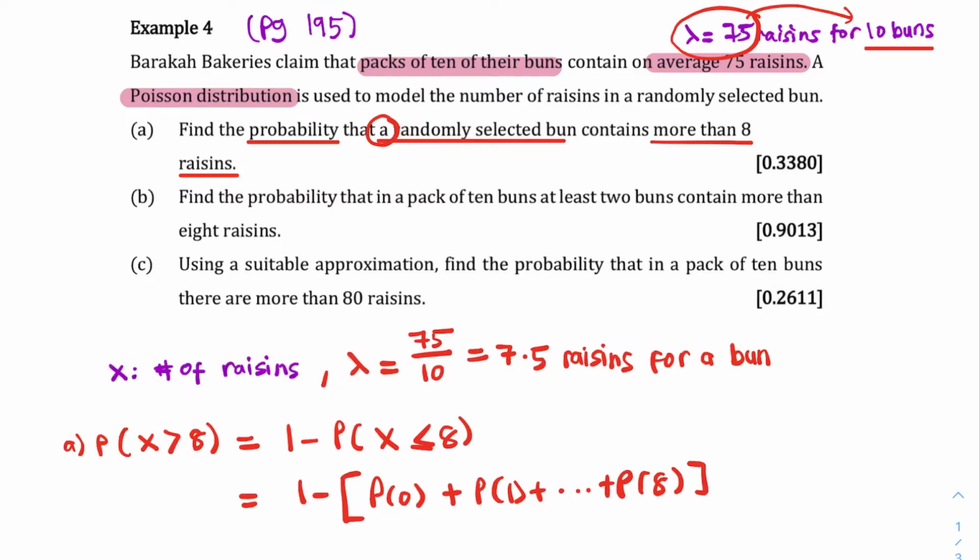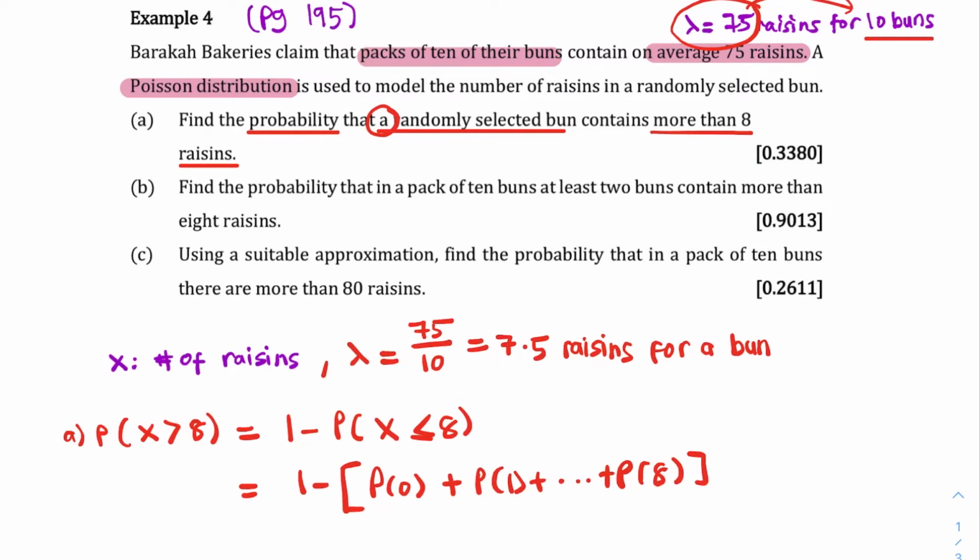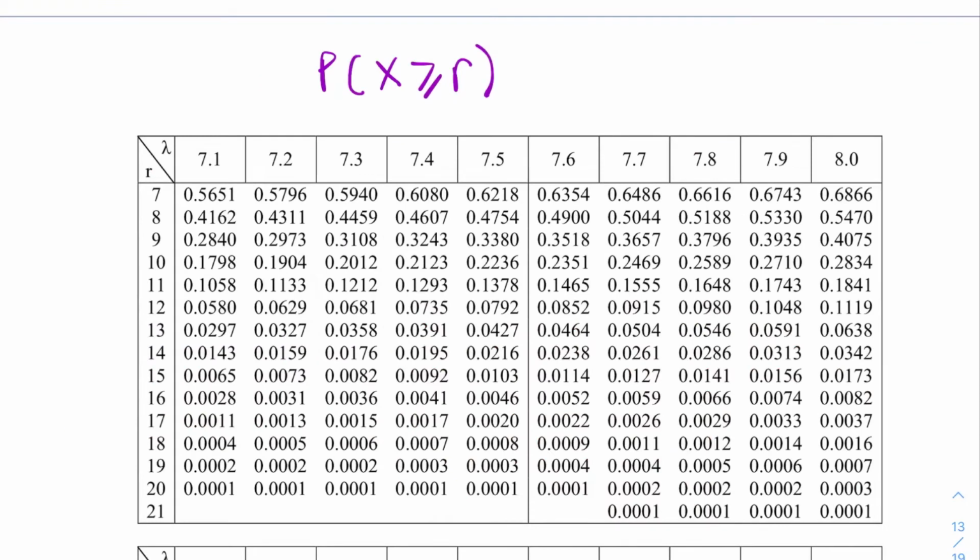Is it practical for you to calculate one by one? Can you question yourself, madam, can we use the table? Sure can, because your lambda here is 7.5, and if you look at the table, there is lambda 7.5. The table says that the probability given is for X greater than or equal to r.